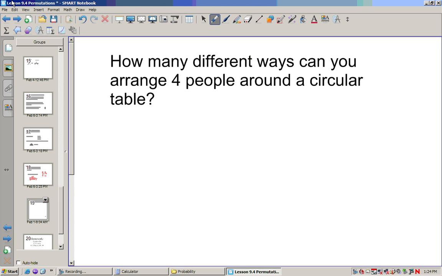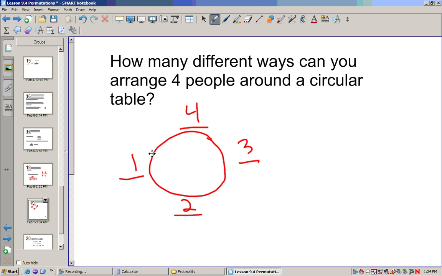Now this gets a little funny. How many different ways can you arrange 4 people around a circular table? If I have a table, I have 4 people, 1, 2, 3, 4. If I have 4 people I want to choose for the first position, then 3, 2, 1.